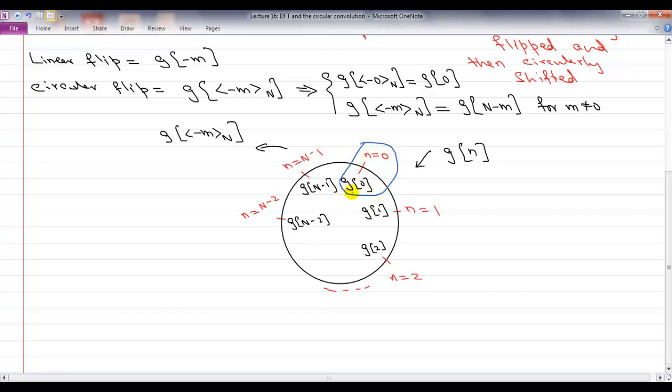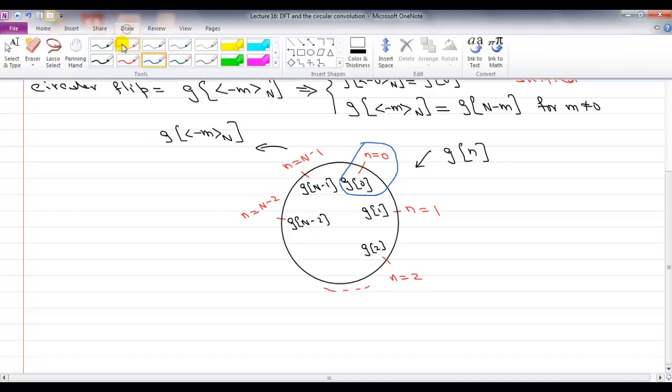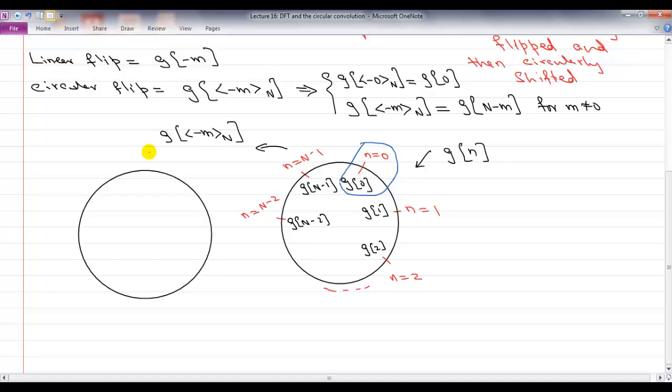But once we go to index 1, we should actually start reading the values from the index n minus 1 and start going in a counterclockwise direction. So Gn minus 1 in reality will be now at index n equal to 1. Similarly, at n equal to 2, we will have Gn minus 2 and so forth.